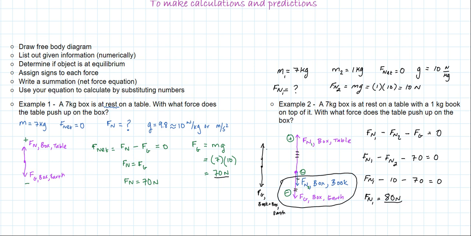And you can see that that's just a combination of these two together, which would add up to 80 anyway, because I would have had 1 kilogram plus 7 kilograms, and that would tell me that the total force gravity for the book and the box is 80 newtons, which would therefore be the same as force number 1.